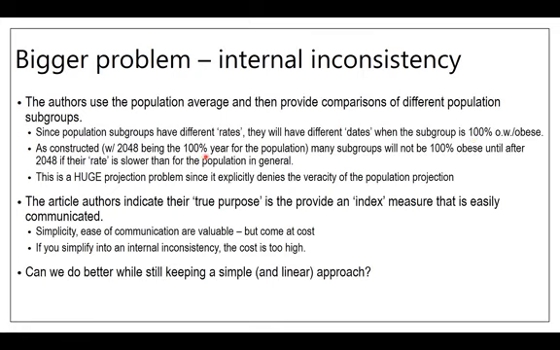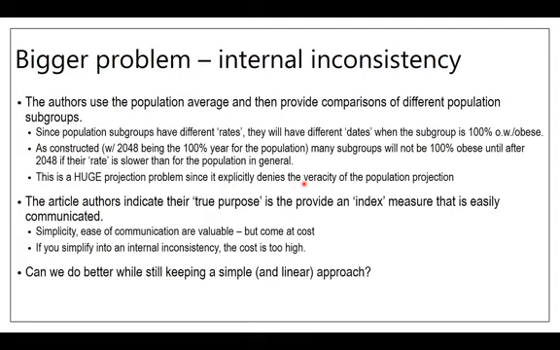As constructed, 2048 is 100% of the total population, but many subgroups don't hit that 100% category until later because their subgroup has a slower rate than the population in general. Well, that's a huge projection problem since it basically denies the 2048 number as being legitimate, right?